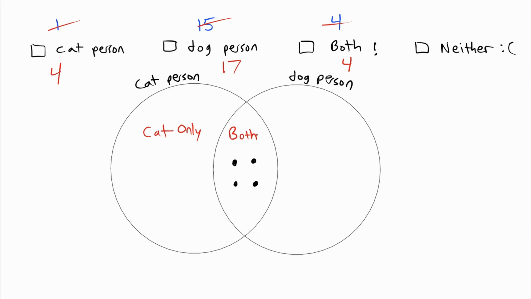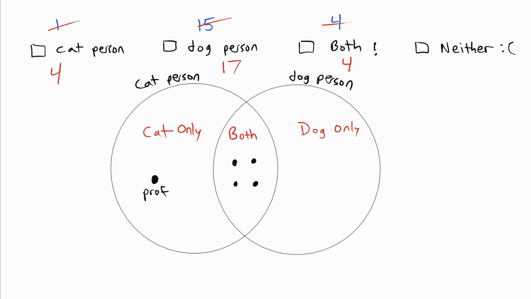Would I go in the middle, or would I go in the dog-only region? Where would I go? Yeah, I like cat, but I didn't raise my hand for both. No, I'm not for dog, only cat. Right, I'm only for the cat, so I'm actually going to put myself over here. We'll put prof. That's me.